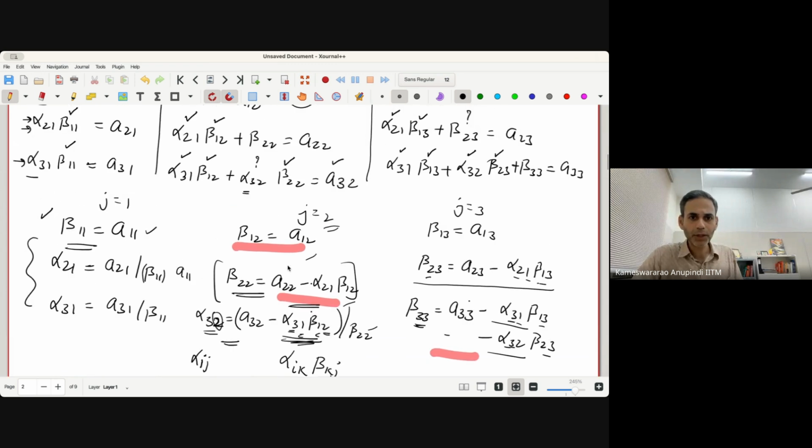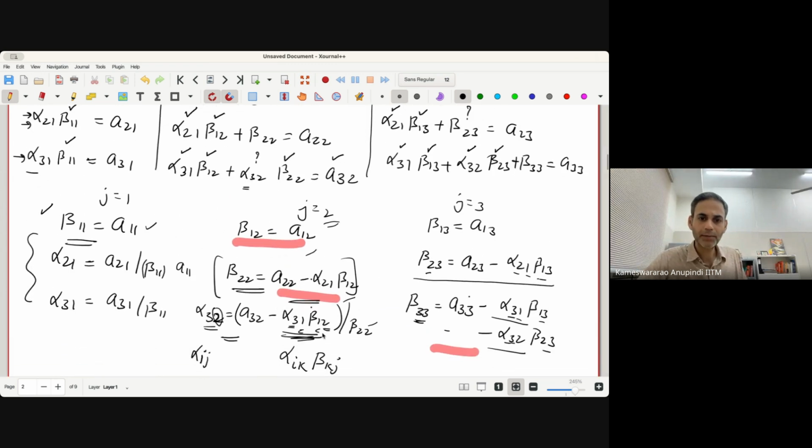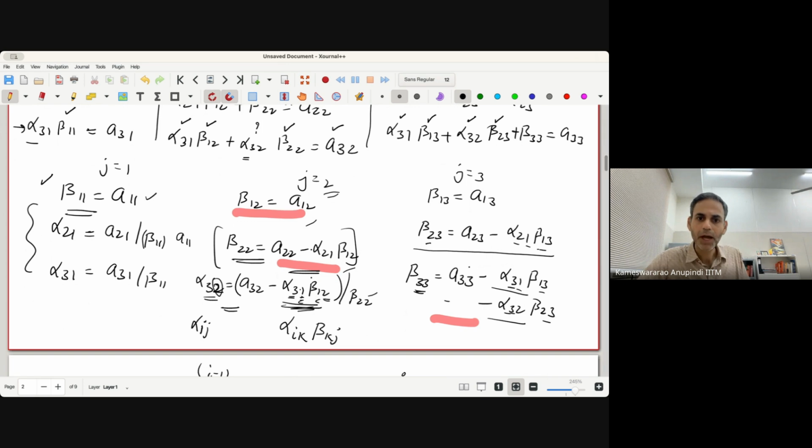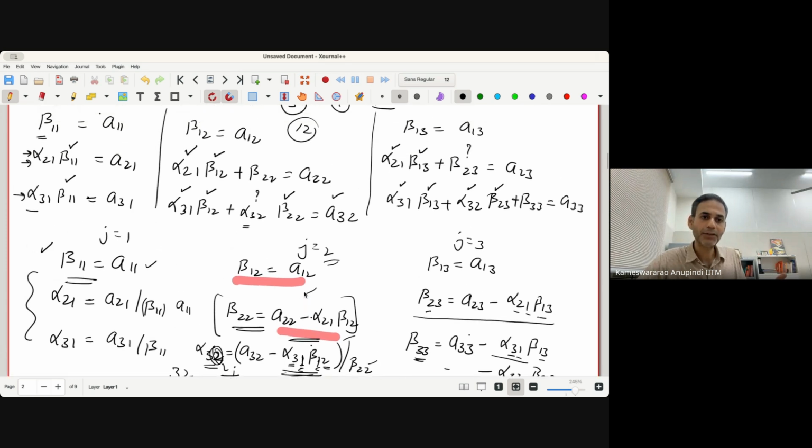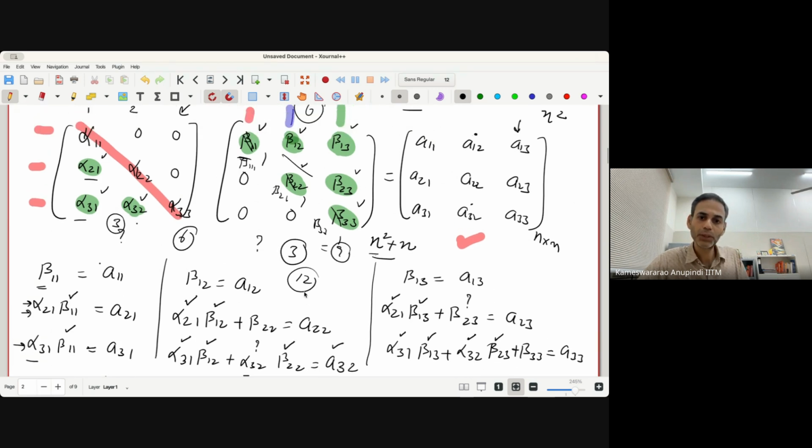Now, one way to look at this is, we have alpha ik beta kj. The only thing was how to determine k, whether it is going to I minus 1 or j minus 1. For that, if you look at the 2, we know it is going to j minus 1, right? Because 2 is the j value. The other way to think about it is alpha 32. Alpha 32 is occurring here.